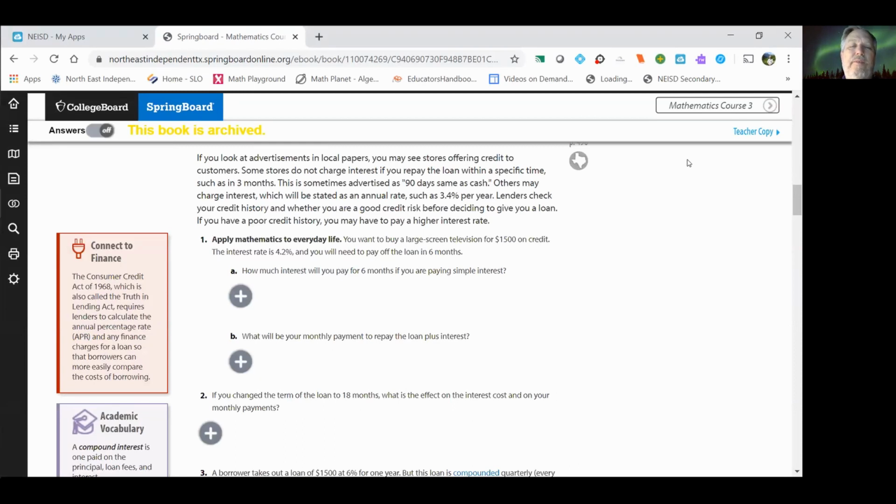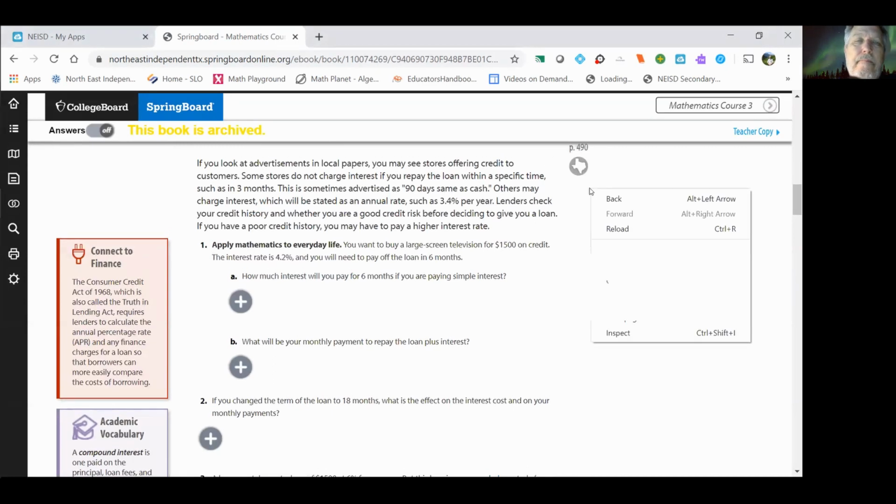So we're doing simple interest here, which of course the formula for that is going to be I equals principal times rate times time. And so we're going to go ahead and plug in what we know. We have the information on here.